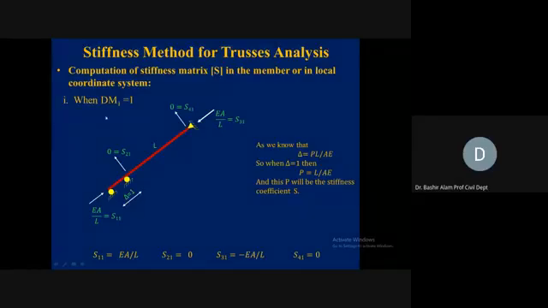This is the original position. Now along DM1 we are providing delta equal to 1. So this member is sliding in this direction and coming here. This roller is shown along the x-axis.